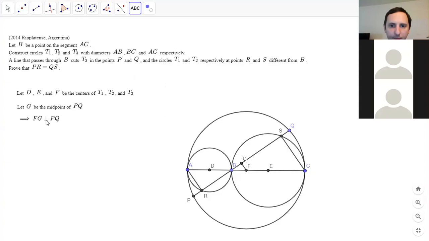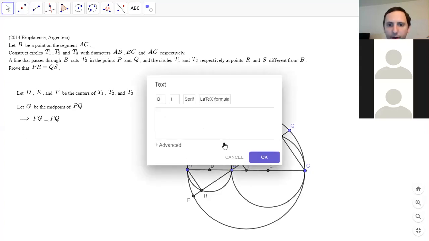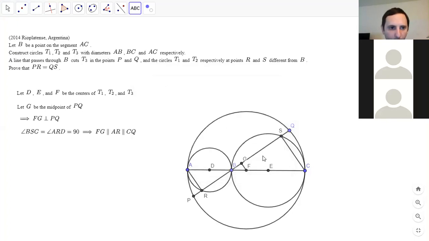And that means that, so now I'll just do the right angles. So angle BSC equals angle ARD equals 90. So that means FG is parallel to AR is parallel to CQ. Or this should be ARB.